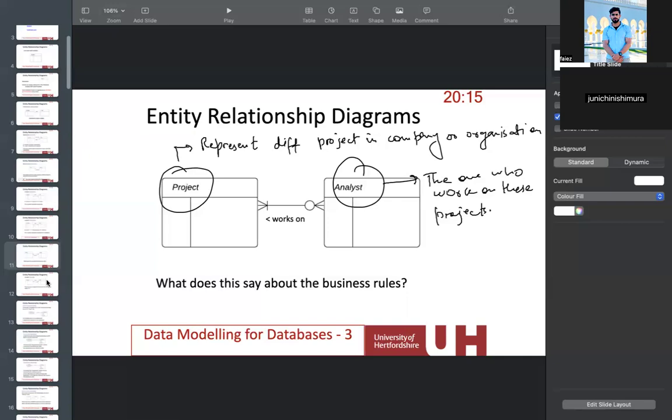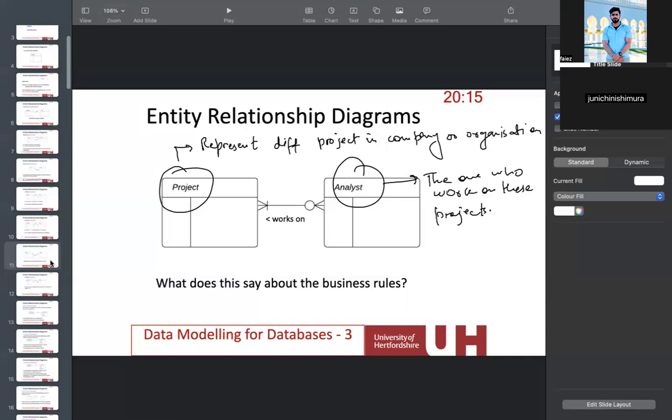Yes, if you talk about the last one, the lines were showing the relationship between customer and order: the customer must exist in order for an order to be placed. The order cannot exist without being linked to a customer.